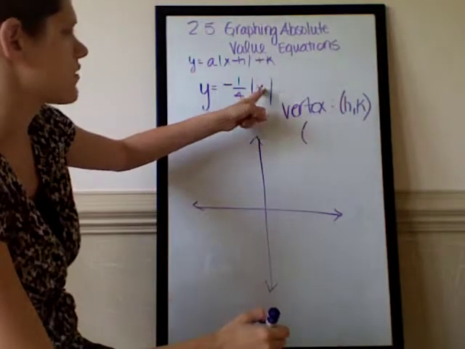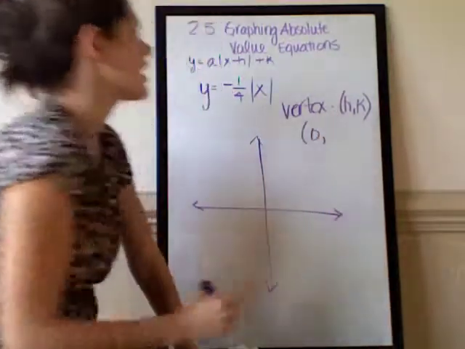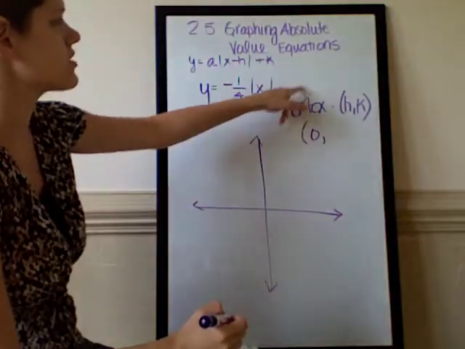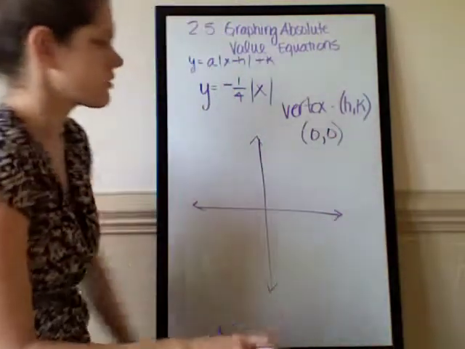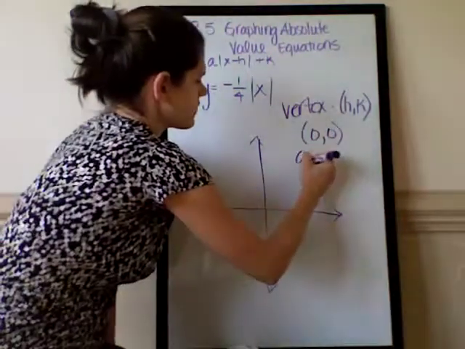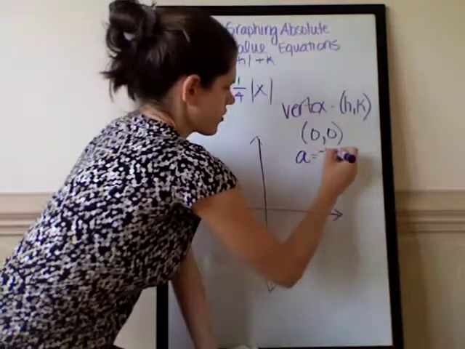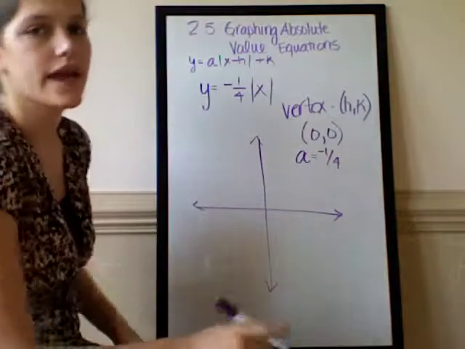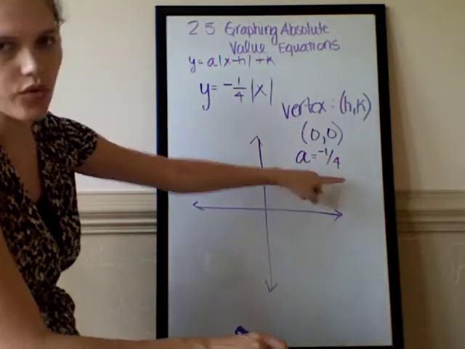The value inside of the absolute value is 0 because there's nothing there. And my k, the value outside my absolute value, is also 0. So 0, 0 is going to be my vertex. My A value is going to be negative 1/4. Negative 1/4 means I'm going to be going down 1 over 4.